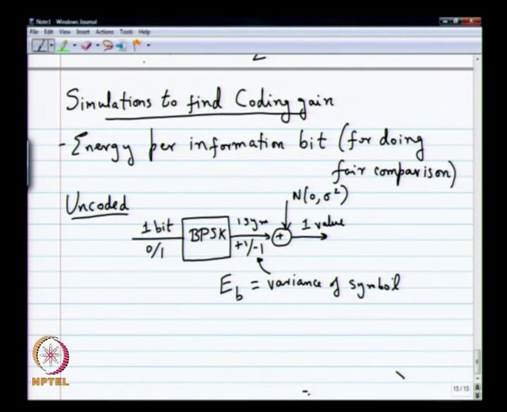So why is it the variance of the symbol? The reason is you have to think of the symbol as representing a voltage, and then the square of the voltage becomes some kind of power if you normalize the resistance to 1 ohm or something. That's actually true.